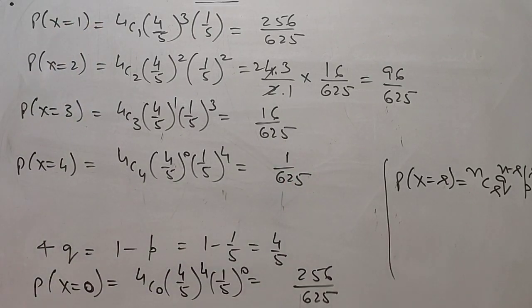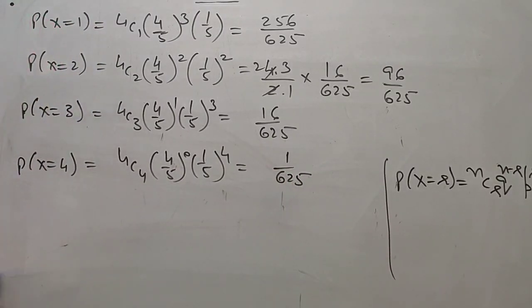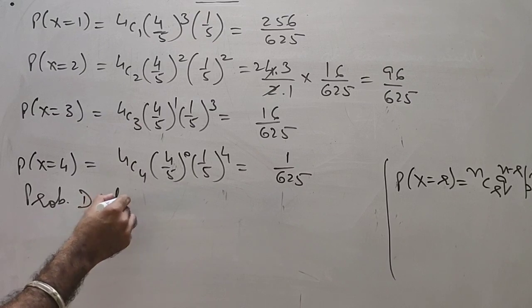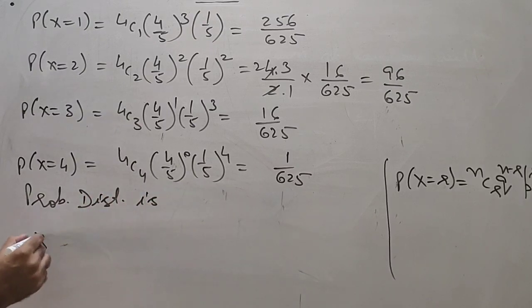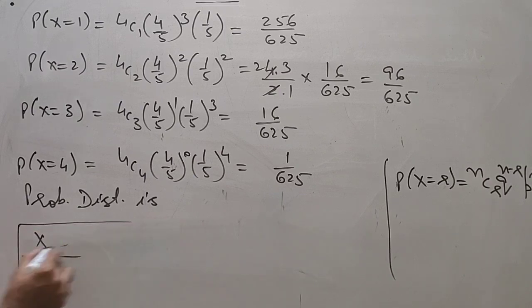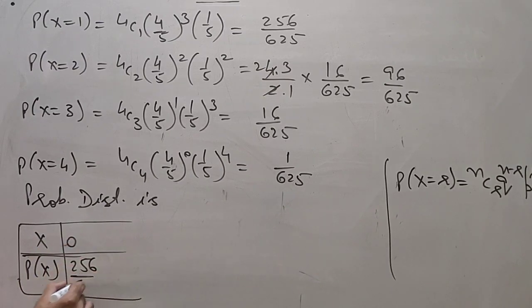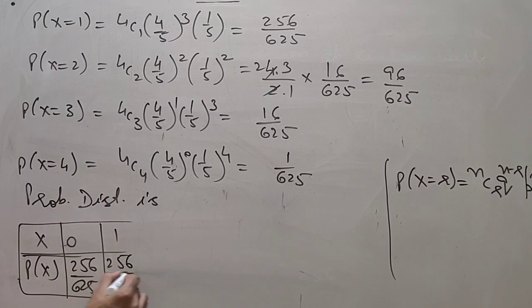So now we have found all the probabilities, and the probability distribution table is, let us make the table. When X is 0, the probability is 256 by 625. When X is 1, it is again 256 by 625.